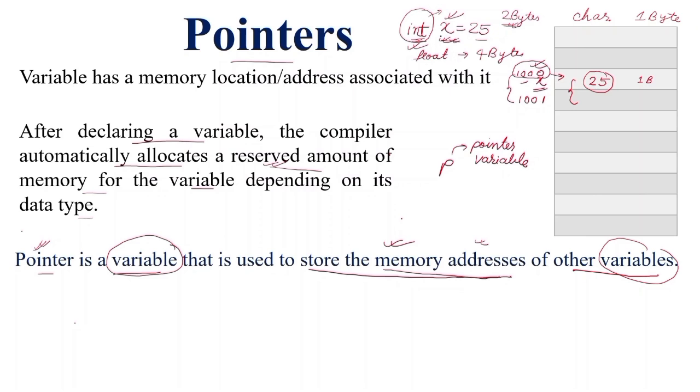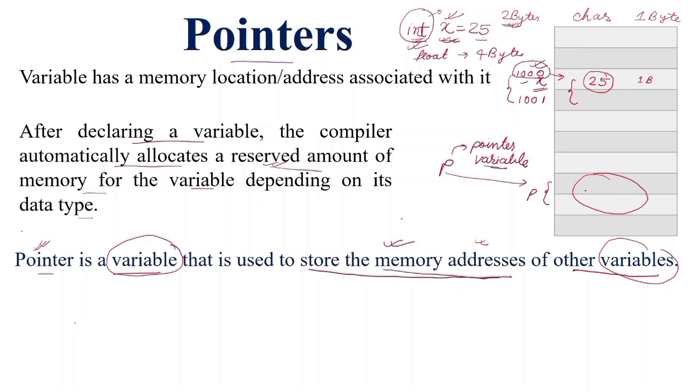Just like x, it is also a variable. If it is a variable, there will be a memory location associated with it. Suppose some memory location is associated with the variable p. What is it going to store over here?